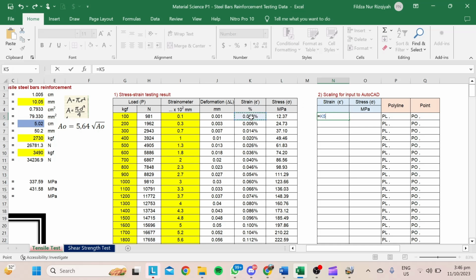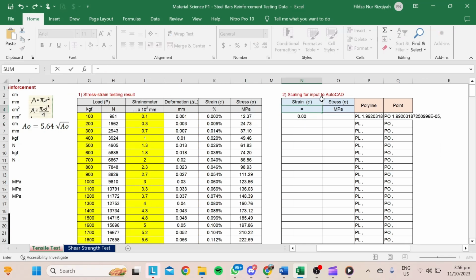So click the strain data and multiply the numbers by 10 to the power of 4. And then in here, click the strain numbers and multiply it by this cell. You have to lock this cell by clicking the F4 button so that the cell won't be shifted.